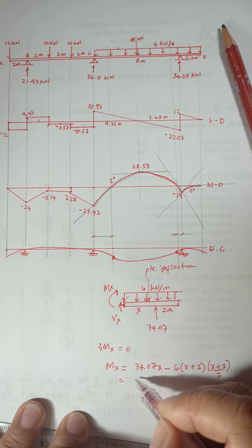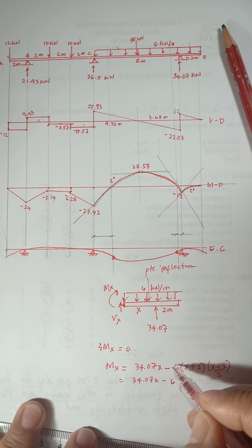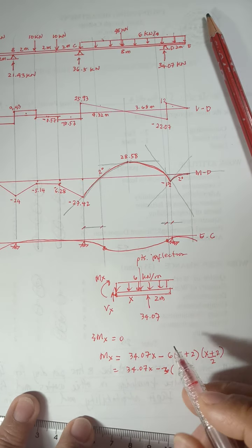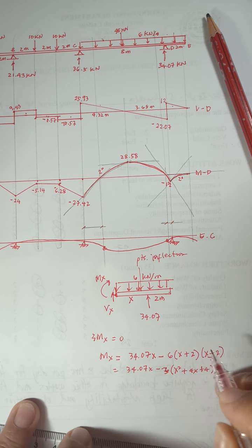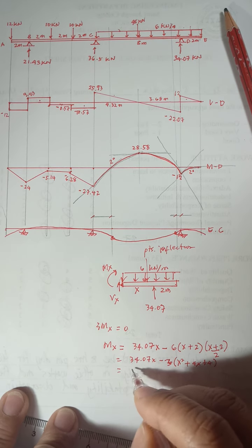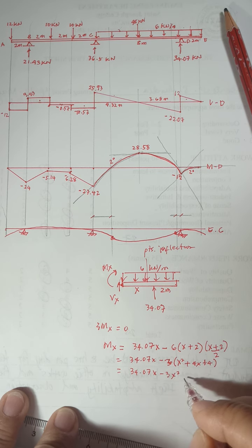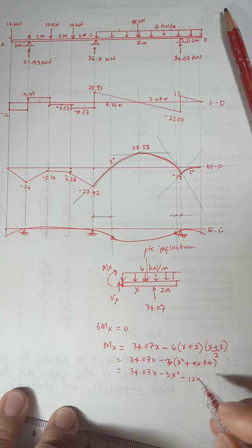So simplify this, you will have 34.07x minus 6 over 2, canceling, so that is 3 times the squared binomial, x squared plus 4x plus 4. So simplify further, 34.07x minus 3x squared minus 12x. Distribute the terms inside the parentheses, so minus 12x then minus 12.